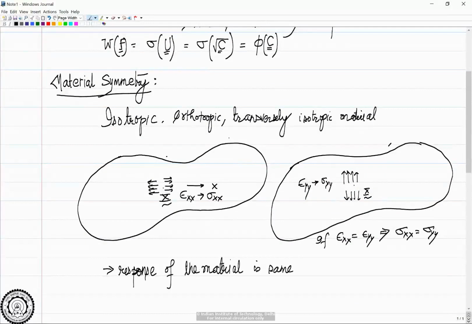Okay, so here we did it just for x and y, but you can stretch in any arbitrary direction, and the corresponding stress that gets induced will be the same. And sometimes they also say that material properties are independent of the direction.